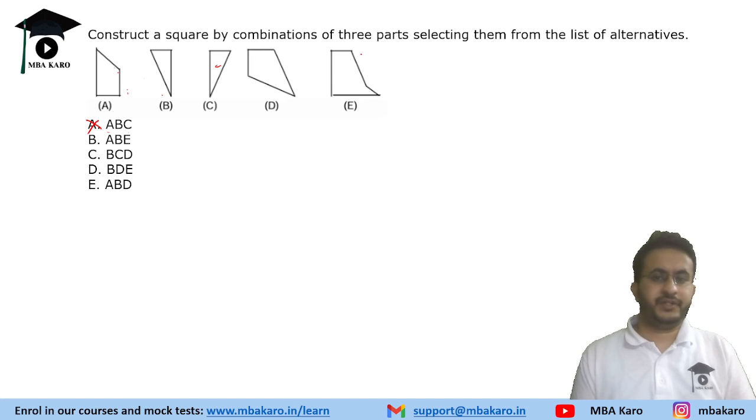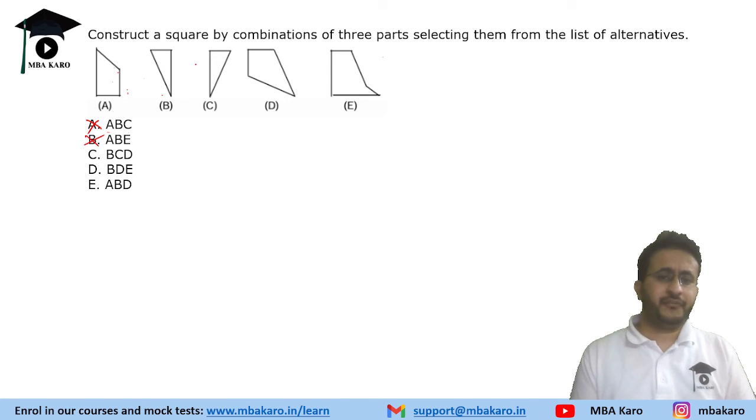A shape is like this, not till the end, but somewhat like this. It is not fitting. A shape will not fit here and B will not fit here. So ABE is also not possible.